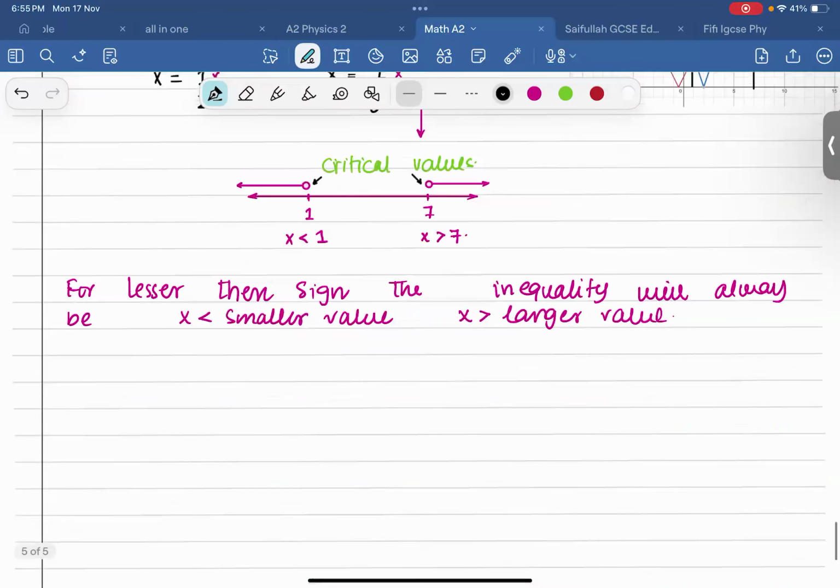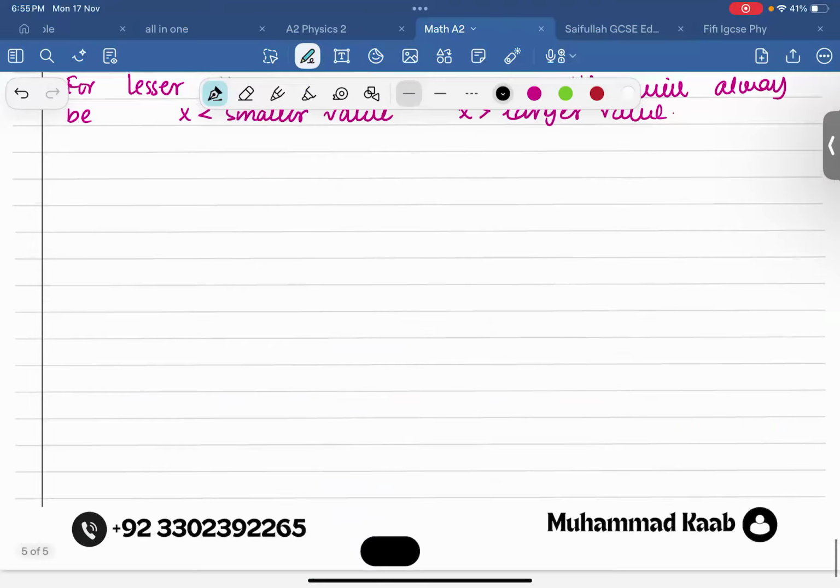If you have the greater than sign, let's imagine the similar, or let's just change the inequality. The question is from November 2015, variant 32, question number one of paper one.